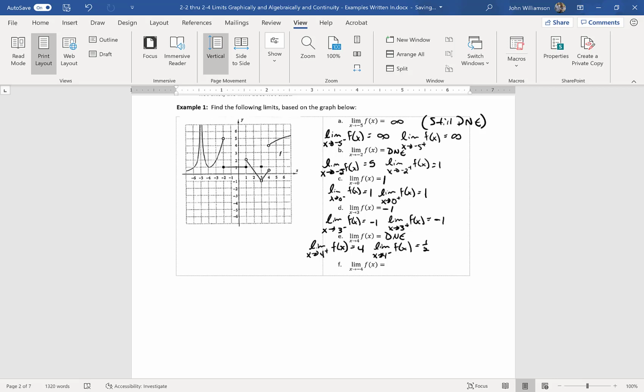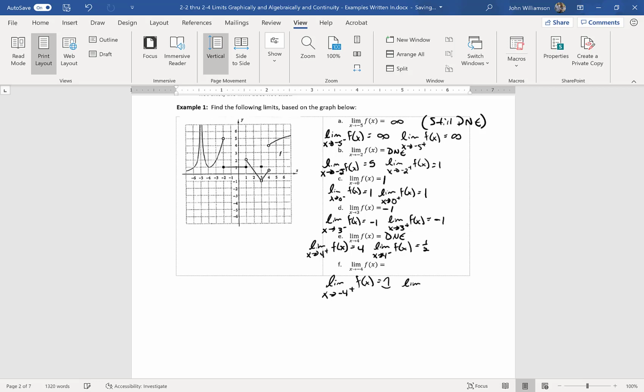And for the last one, the limit as x is approaching -4, same thing. We find the limit as x is approaching -4 from the right. And again, remember, you can approach from the right or left first. It doesn't matter as long as you find both one-sided limits. So as x is approaching -4 from the right, we see it's coming into 1.